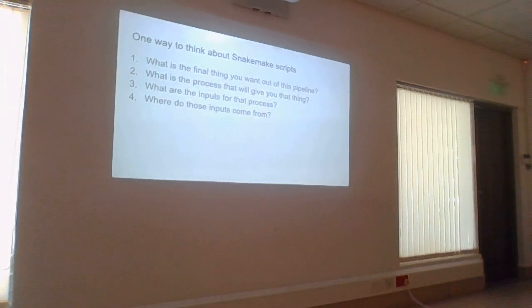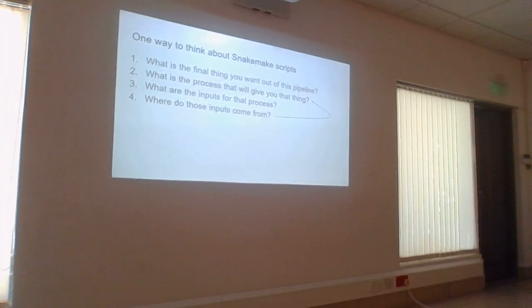Okay, where do those inputs come from? Where do the inputs for the trimming process come from? Yeah, they're the raw reads, right? So then, what's the process that gives you that input, and so on.